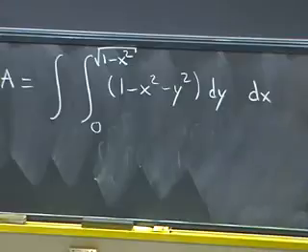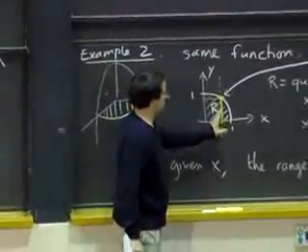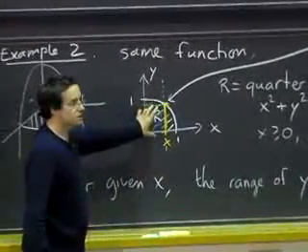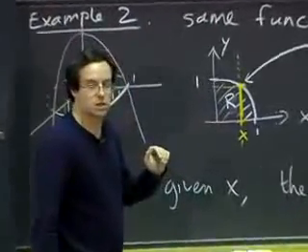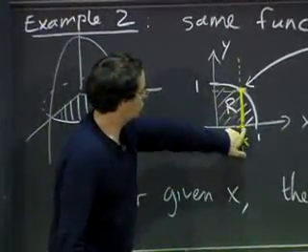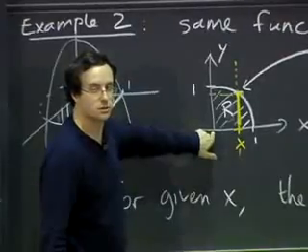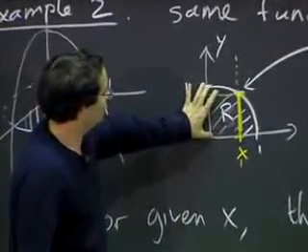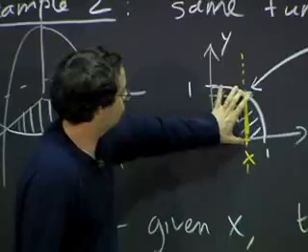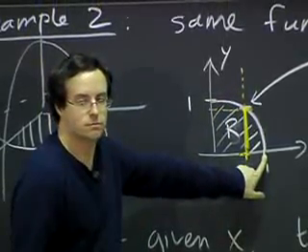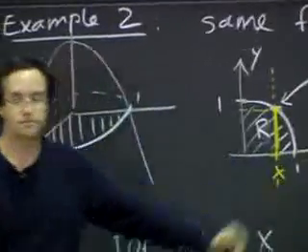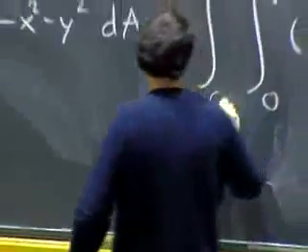Well, the range for x should just be numbers. Remember the question I have to ask now is, if I look at all of these yellow slices, which one is the first one that I want to consider? Which one is the last one that I want to consider? So the smallest value of x that I want to consider is 0 again. And then I will actually have a pretty big slice, and I will get smaller and smaller slices, and I have to stop when x equals 1. Afterwards, there's nothing else to integrate. So x goes from 0 to 1.